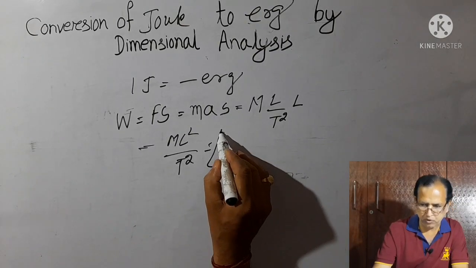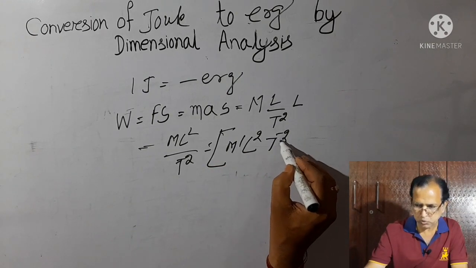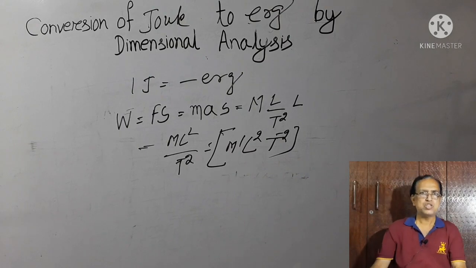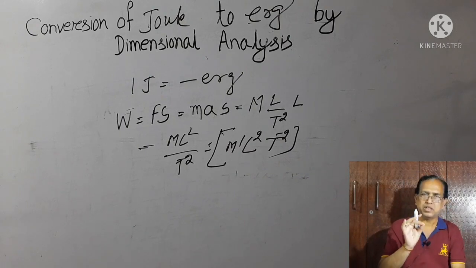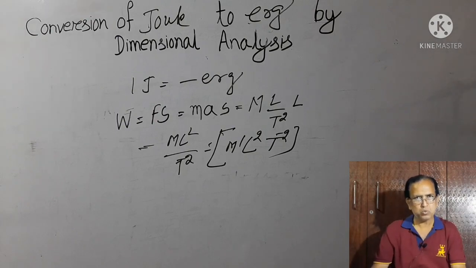So the dimensional formula of work is M1 L2 T minus 2. Dimensions are 1, 2, minus 2 for mass, length and time respectively.